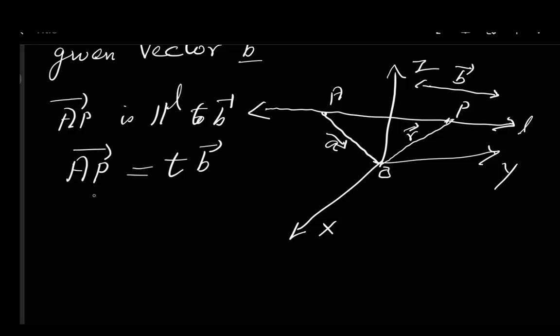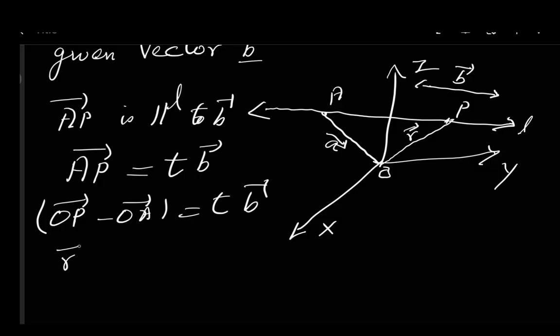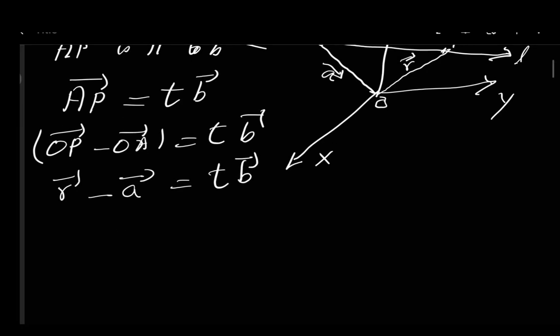According to the vector formula, AP can be written as OP minus OA, which is equal to T into vector B. OP is vector R, minus OA, vector A, is equal to T into vector B. So vector R is equal to, taking A to the other side, A plus T into vector B.